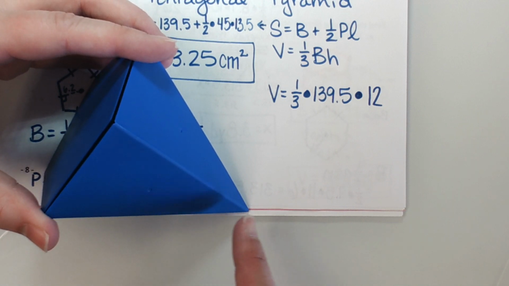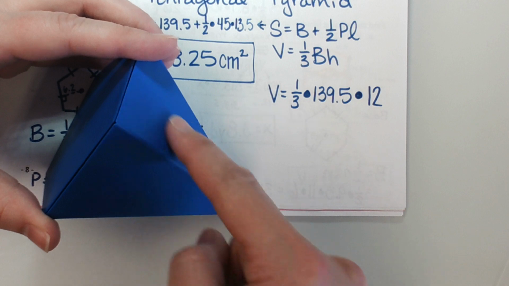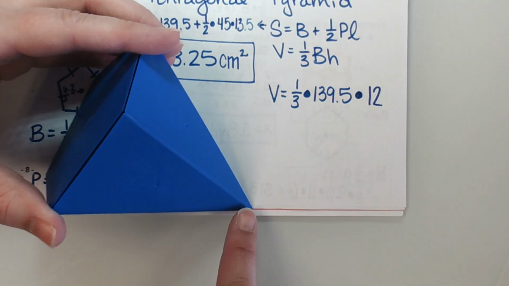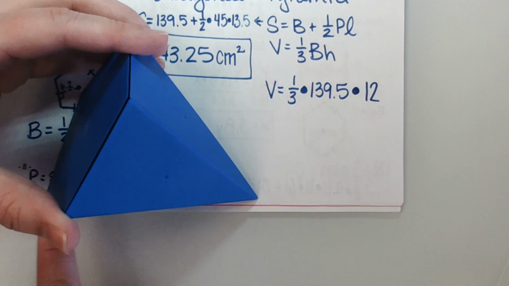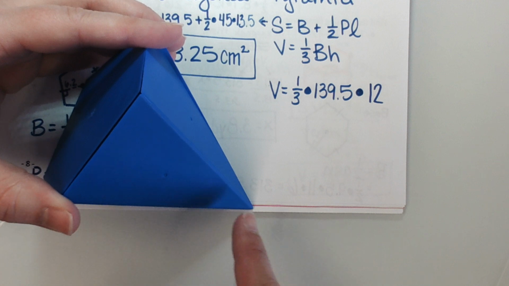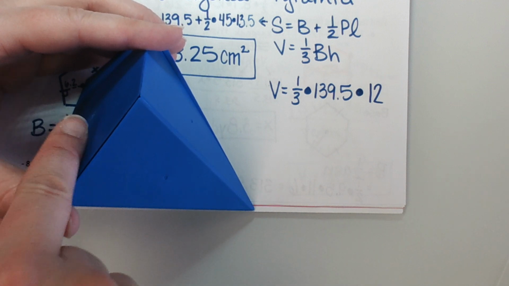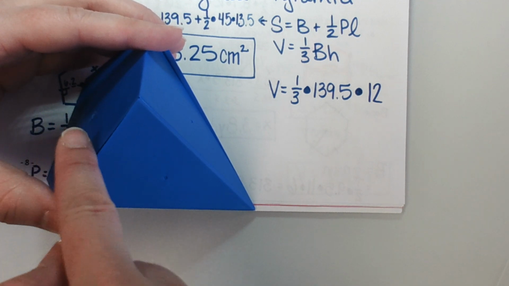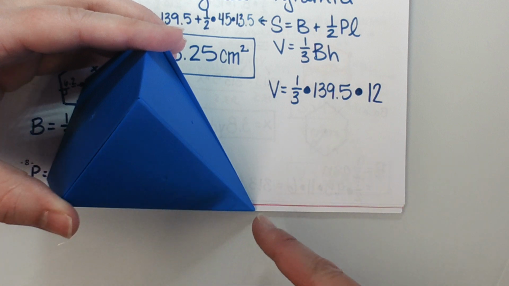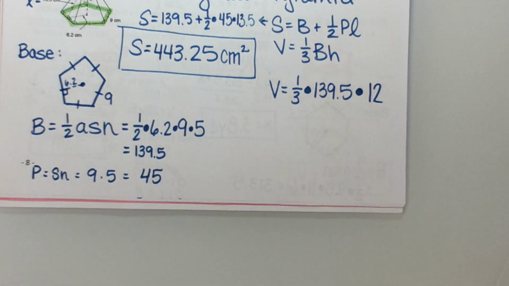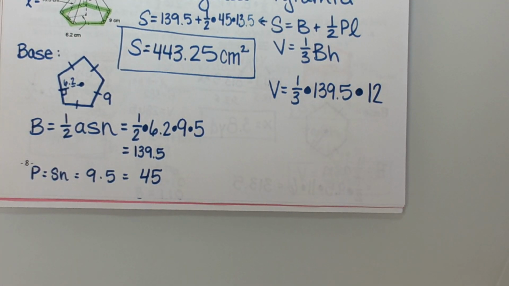Slant height goes from tip to the edge of the side. It would go along here or even go along here. And true height would go from here to the center of the base. So you would see it dotted through here. So you got to be careful. Look where the vertex is getting connected to.